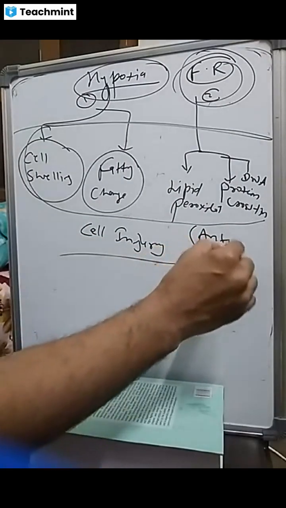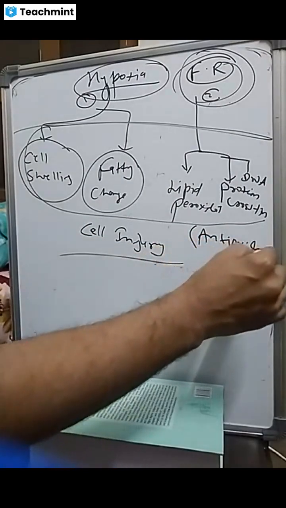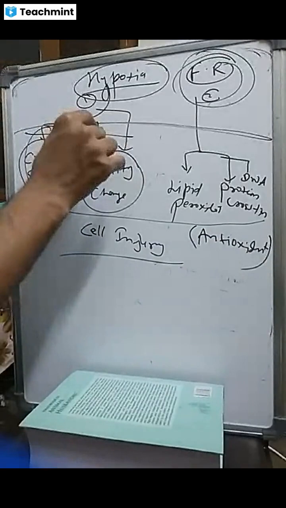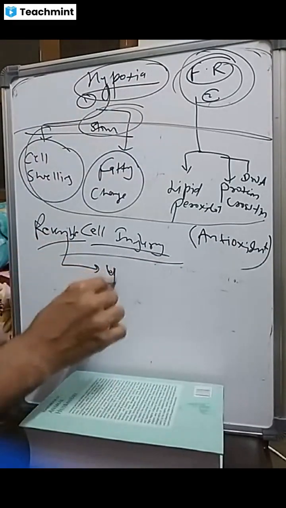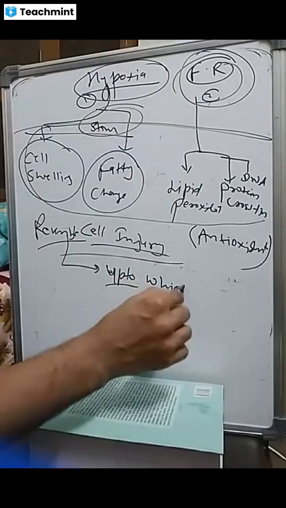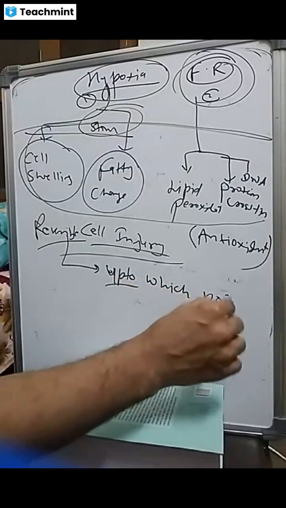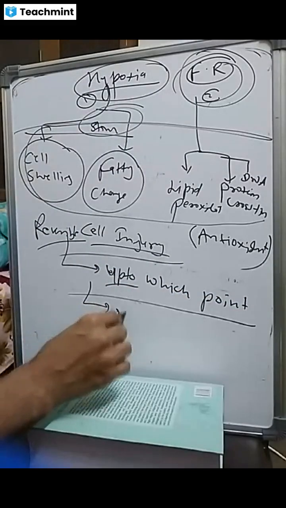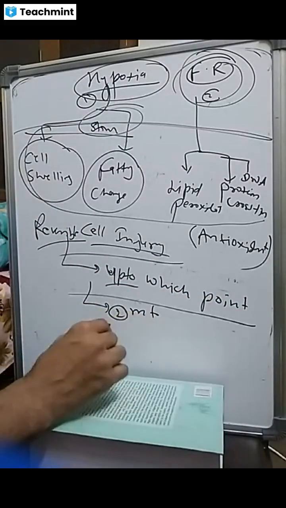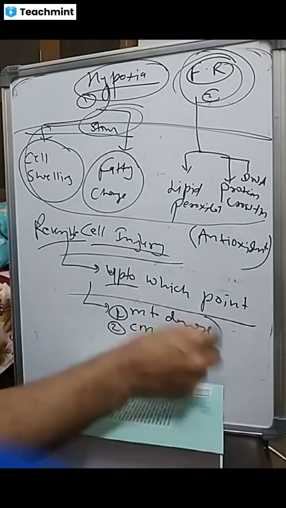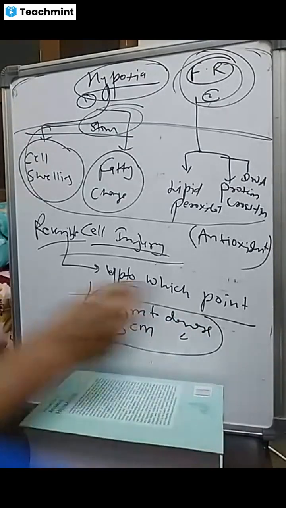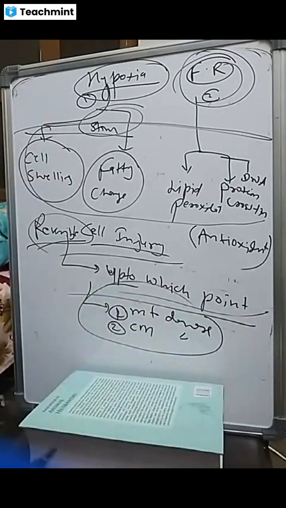If we use antioxidant, then it is reversible. And if we remove the stimulus, this is reversible cell injury. But up to which point? If there is maximum cell membrane damage, up to this, after this it may become irreversible.